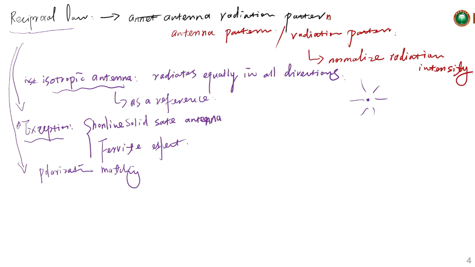So for radiation of the antennas, there are several kinds. Mostly we can divide them into two kinds. The first kind is the conductive antenna, which is based on conductive current.